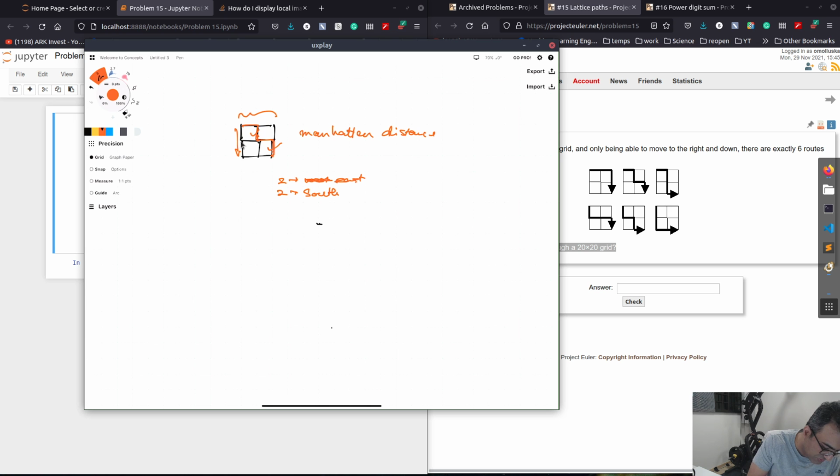So you need to go 2 units to the right and 2 units down to reach this point.